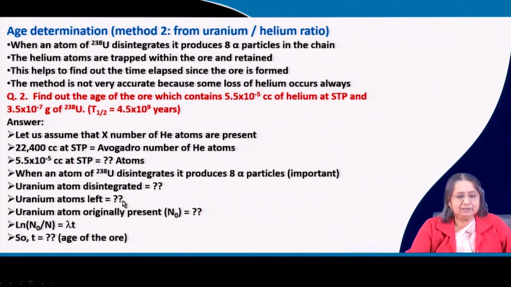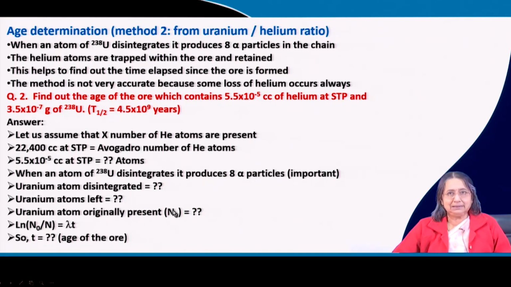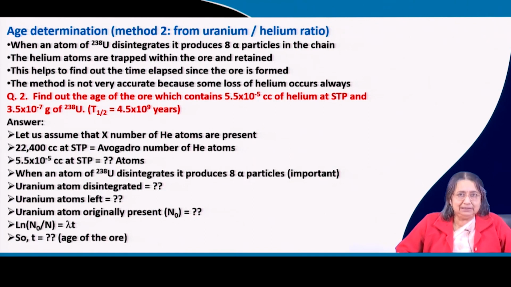Uranium atoms left is given. Uranium atoms originally present N0 is how much is disintegrated plus how much is left, just like the previous one, but in this case helium is a gas.